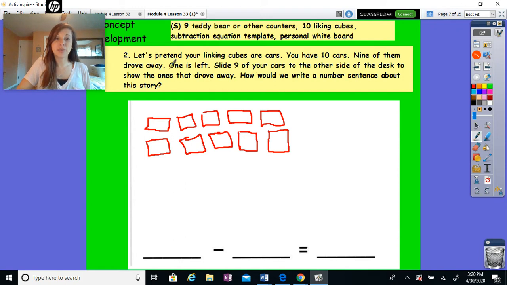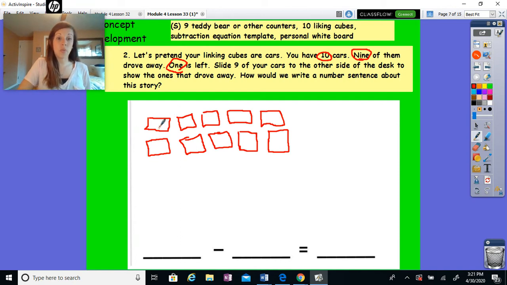Okay, so let's read here. Let's pretend your linking cubes are cars. So here's my linking cubes. Now, like I said, I don't have real cubes, so I just drew them. You have 10 cars. 9 of them drove away. 1 is left. Let's just make sure that we have 10 cars to start with.